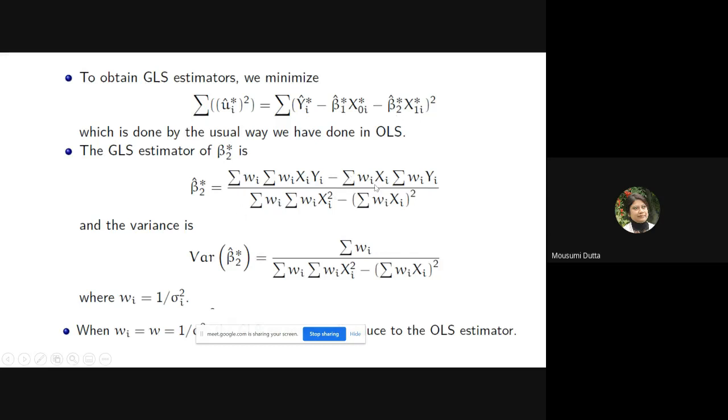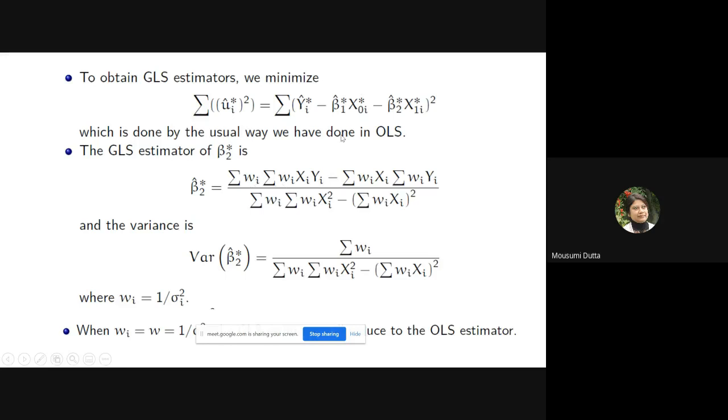this estimated value. Okay. So what will be your homework is to just take derivative of this one with respect to beta 1 hat star, beta 2 hat star, take the derivatives, set the values equal to 0. So you will get the normal equations. Solving the normal equation, check whether you are getting this kind of value or not. Finally, when I have written the value, I am using the notation WI, that's all.